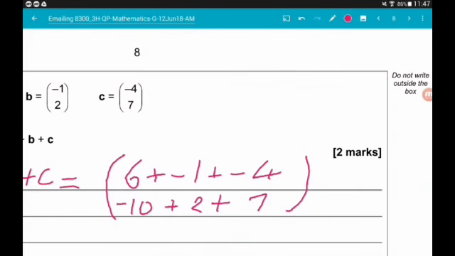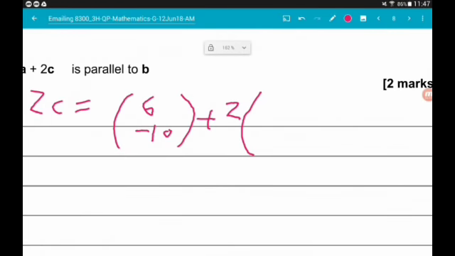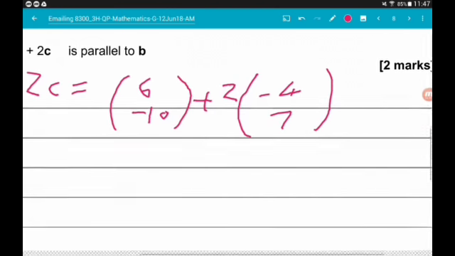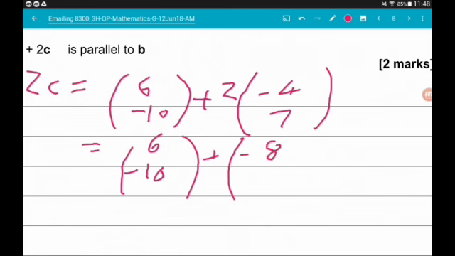So C is -4, 7. So to multiply a vector, you just multiply both parts of it. So this is 6 minus 10 and -8, 14.